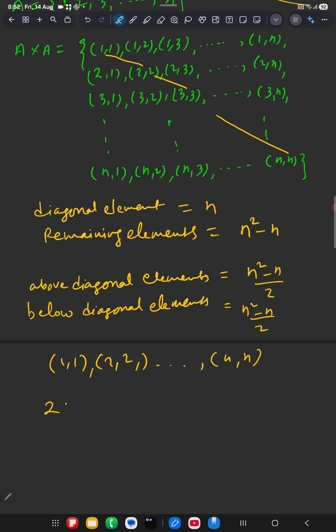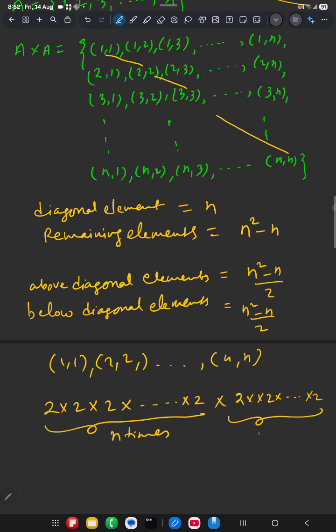So what will you say? 2 into 2 into 2, meaning they can be there and they may not be there. It doesn't harm. So n times, into the remaining n square minus n upon 2 pairs, which will also have two choices. They may be there, they may not be there. This will go up to n square minus n upon 2 times.